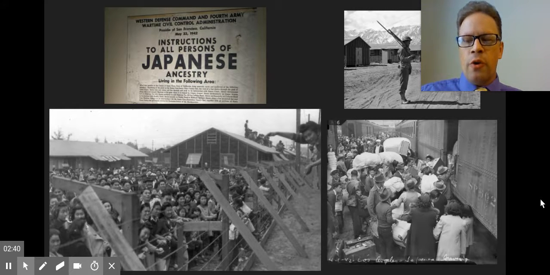The court ruled in a 6-3 margin, if you love your margins, that the government's need to protect against potential espionage, which means spying, outweighed the Japanese Americans' rights. They basically said the actions were justified during what they called circumstances of emergency and peril.